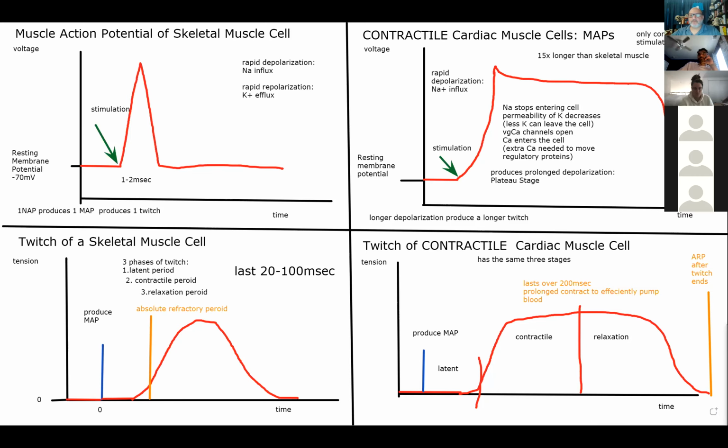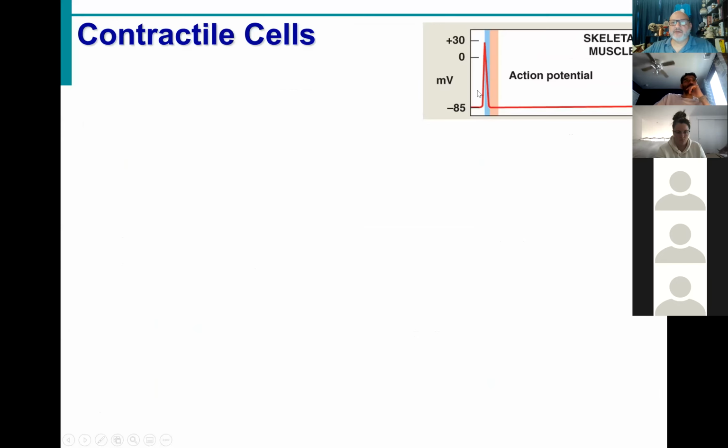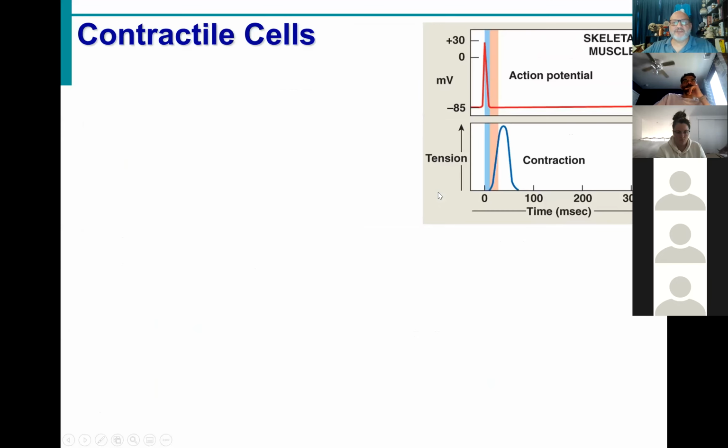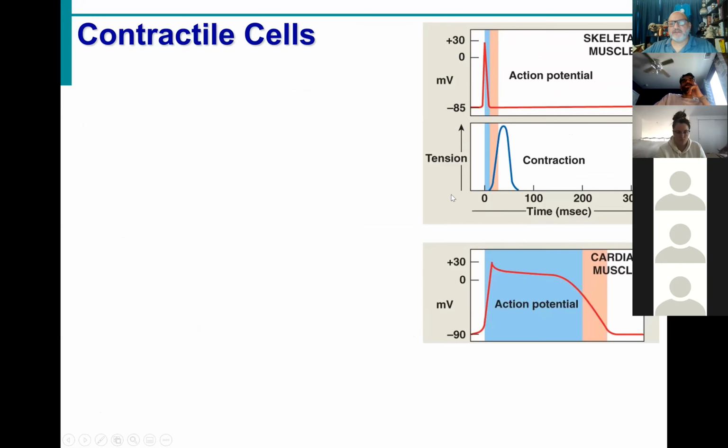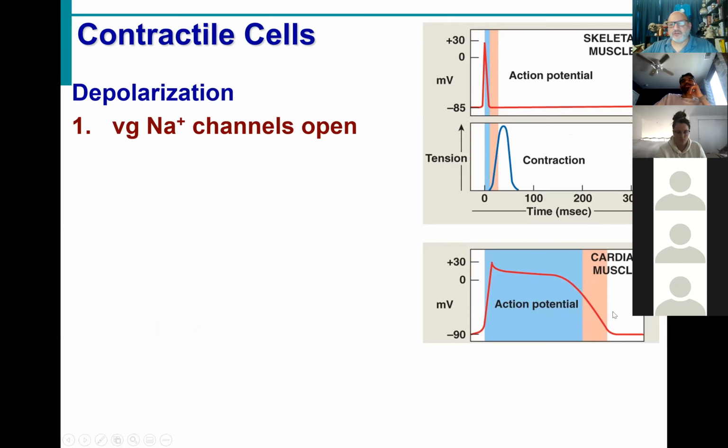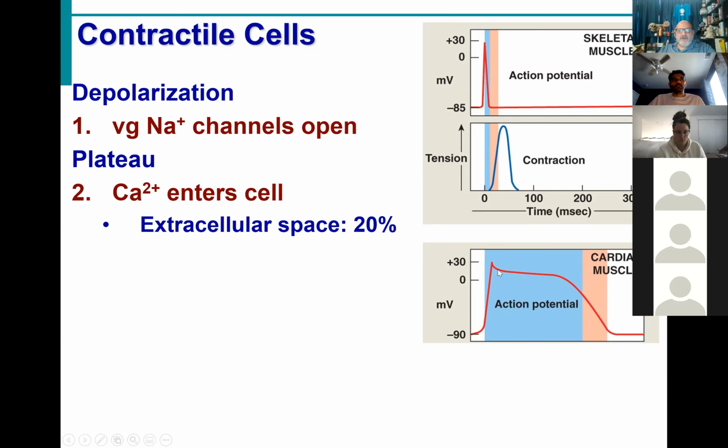All right. Again, to summarize: here's our skeletal muscle action potential. Here's our skeletal muscle twitch, and those absolute and relative refractory periods. Whereas, again, much, much longer for those refractory periods for our cardiac muscle with that prolonged action potential. It starts with the depolarization from the sodium channels.